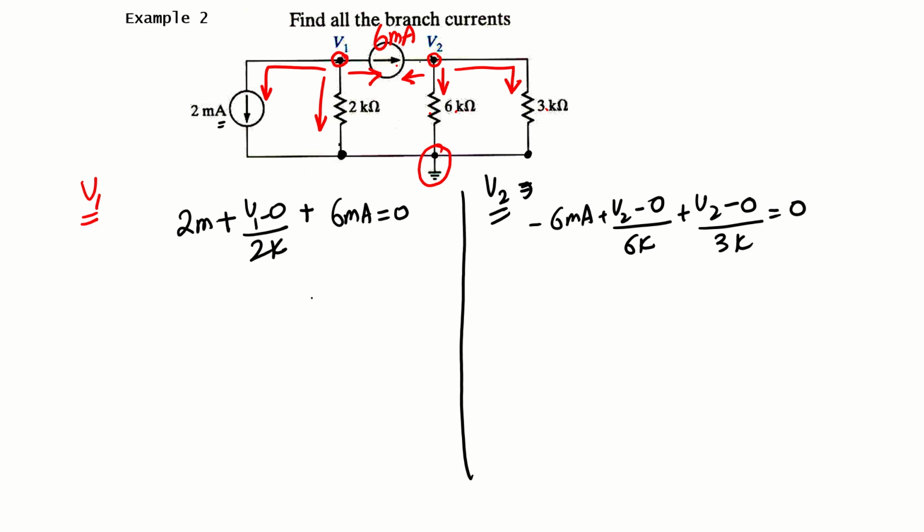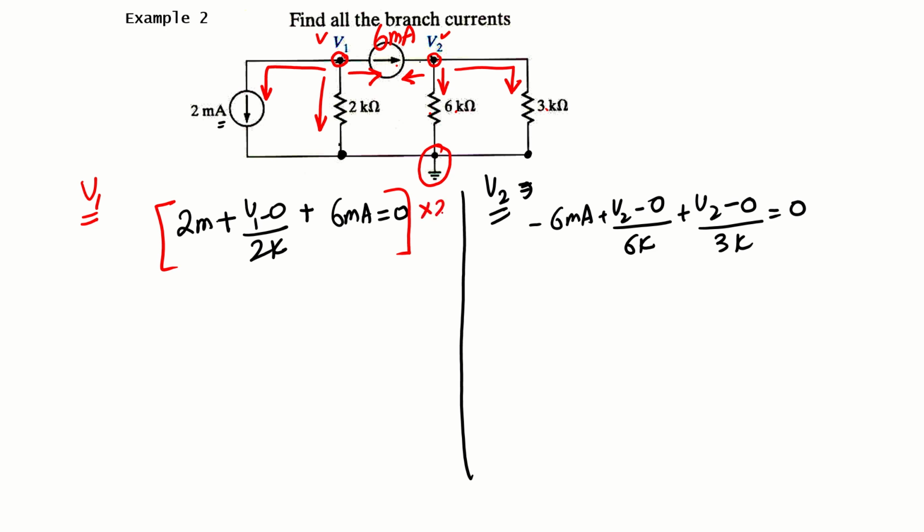Now let us simplify these two equations so that we can find the actual voltages. Nodal analysis always gives us the nodal voltages. Once we know the nodal voltages, then we can find the branch currents or anything else which is desired. So we will multiply with the LCM of the denominators, which is 2k here.